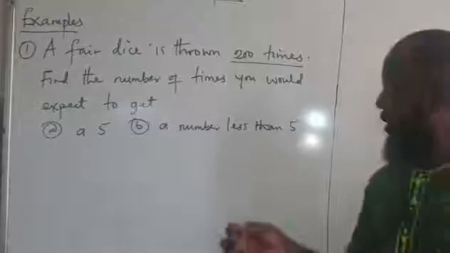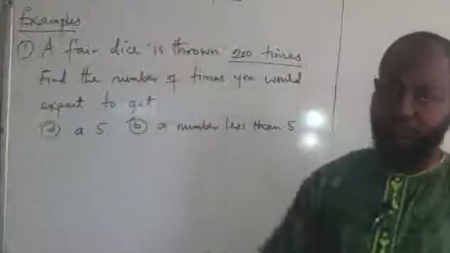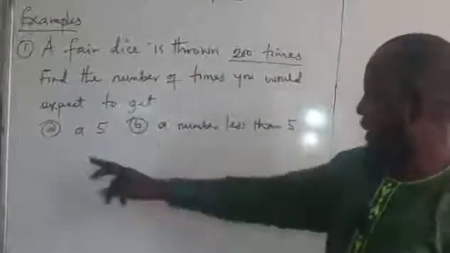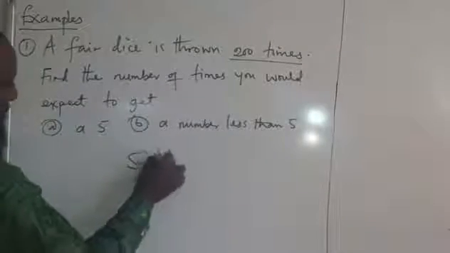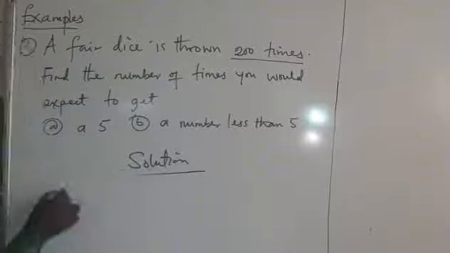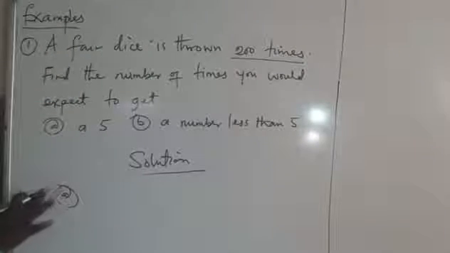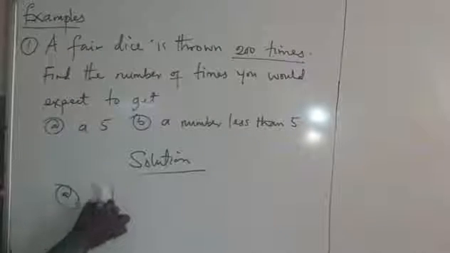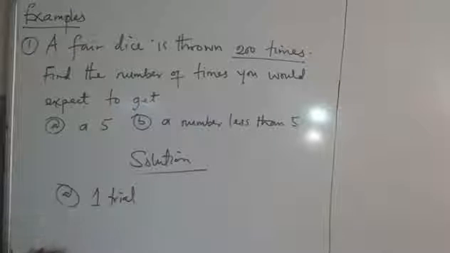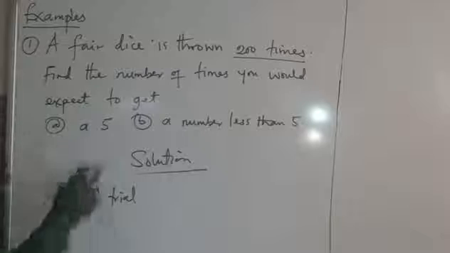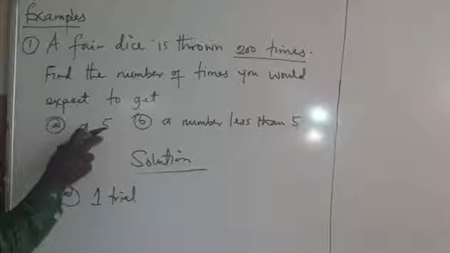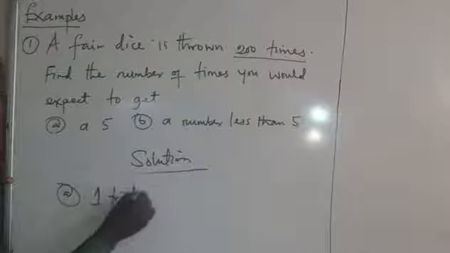Solution A: we need to look at one trial. When you throw it once, what will be the relative frequency of getting 5?